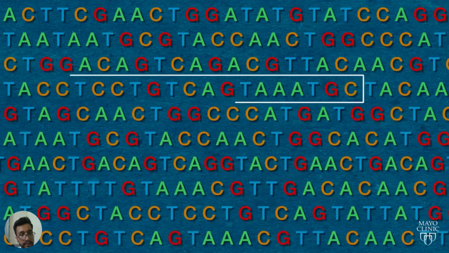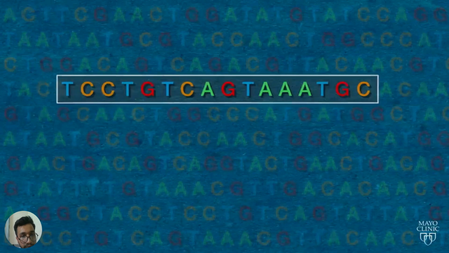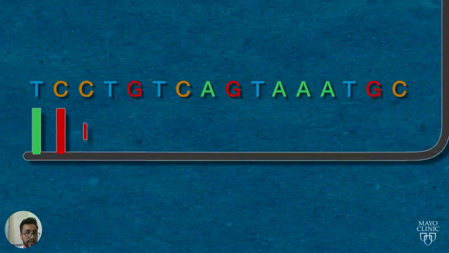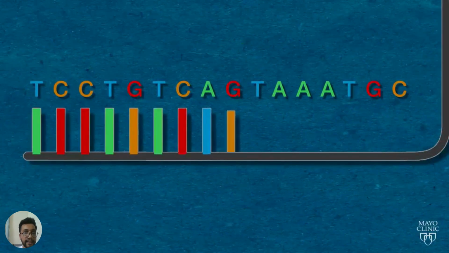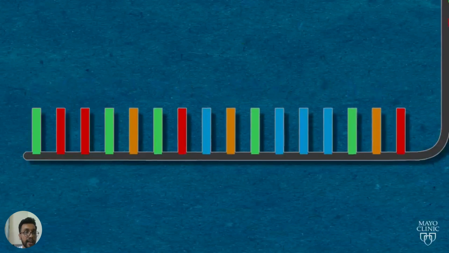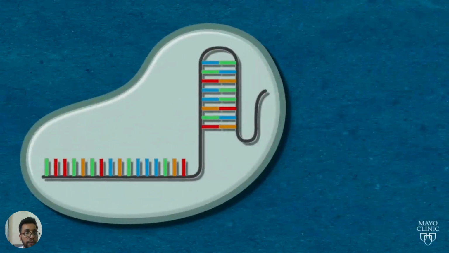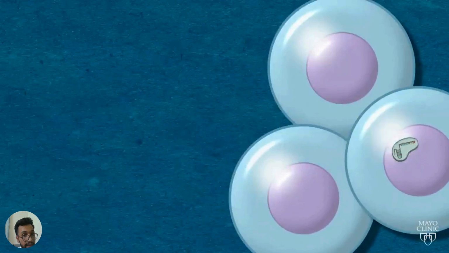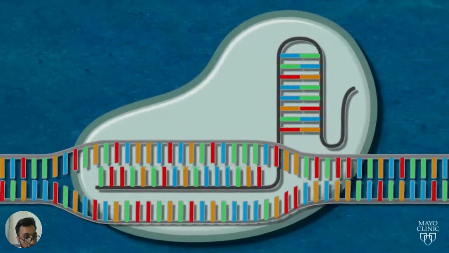Before it begins, what exactly do scientists do? Scientists first recognize the particular sequence of DNA that causes the genetic disease, and then they introduce the guide RNA, which recognizes the A's, G's, T's, C's of DNA in the human body. Then this guide RNA is introduced into the target cells for further modification.